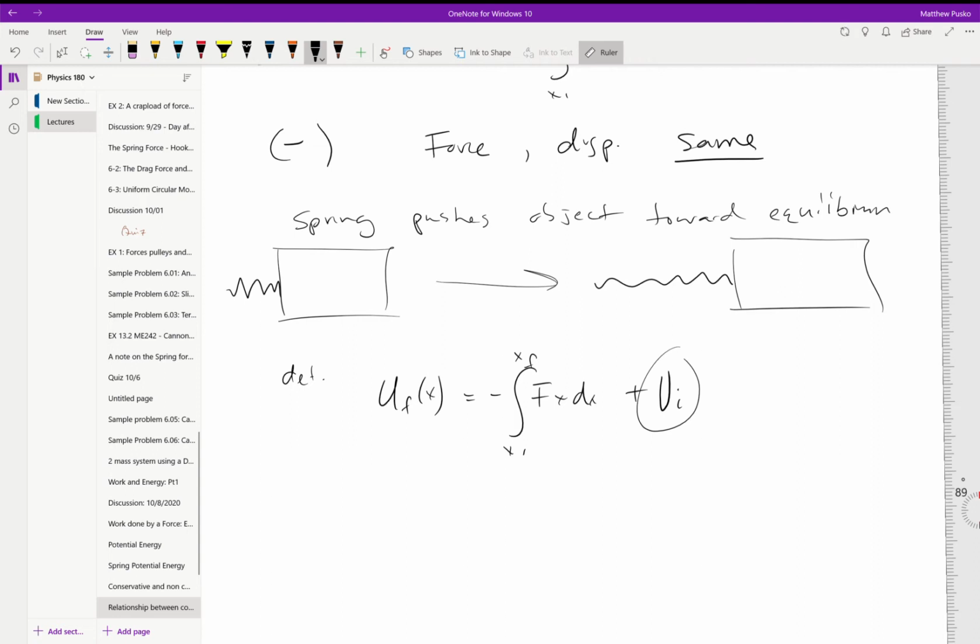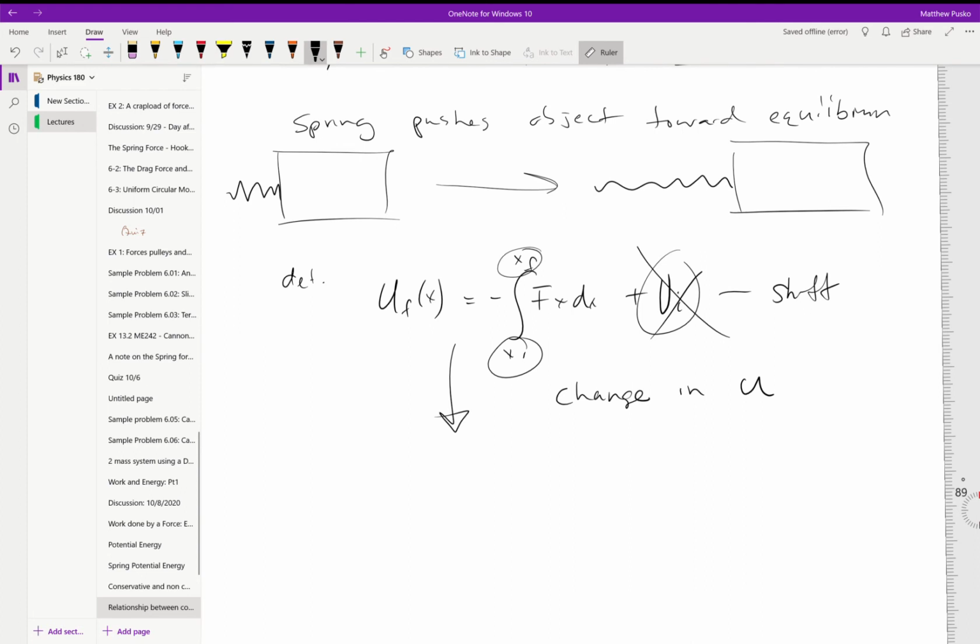The value of U initial is typically taken to be 0 for what they call a reference configuration. It doesn't matter what we assign to it, because all that is a shift. If we look at a mathematical function, this is just a shift up or down. This is our constant that we get from integrating something. And all we're looking at is the change in U. Therefore, that's going to involve our initial and final positions. It's not going to involve this.